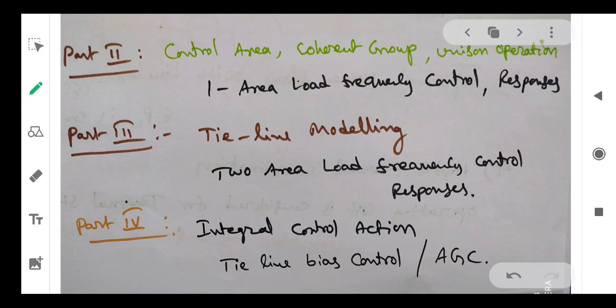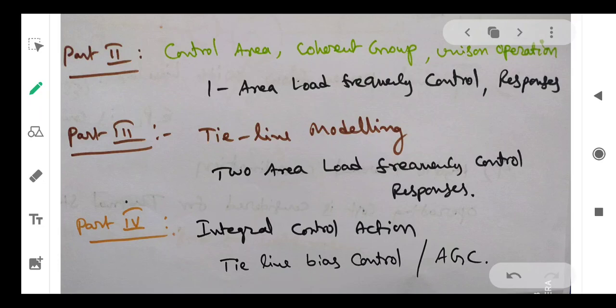In part 4 you will understand the integral control action of single area systems and two area systems, without control and with control, and the difference between the uncontrolled case and the controlled case, that is secondary control, without secondary control, with secondary control actions, and then tie line bias control and AGC, automatic generation control.